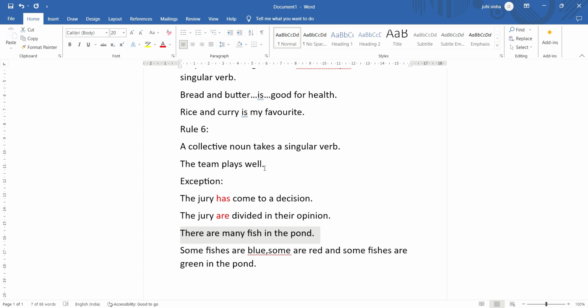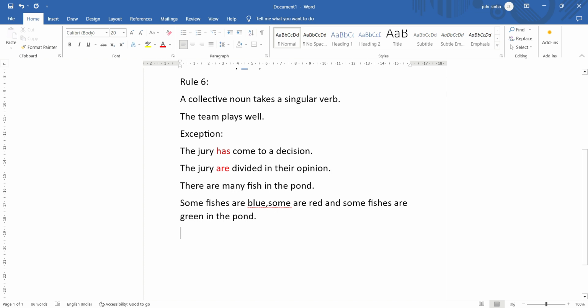So here instead of fish, we use fishes because they are divided. They're not the same. We are differentiating among the fishes. So this was rule number 6.